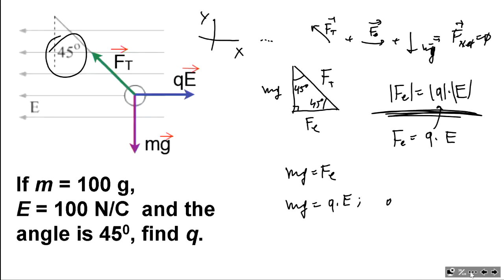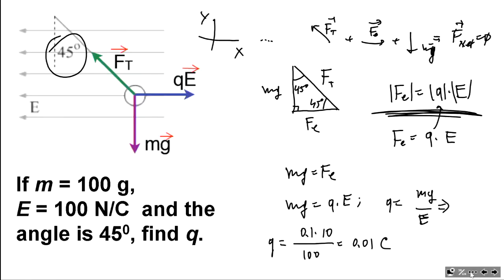Q will be equal to mg over E, hence 0.1 times 10 over 100, 0.01 coulombs.